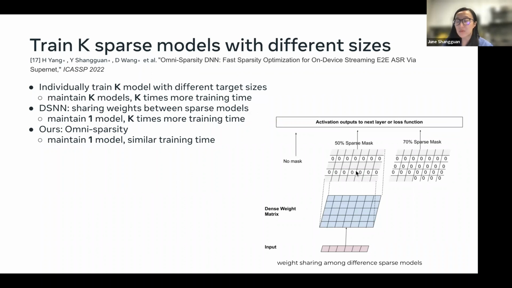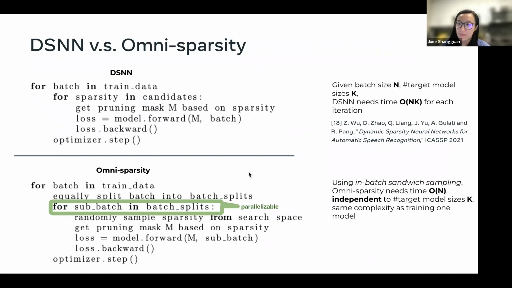However, during training, they actually train each model separately. So you still have K times one training time. In this work that Haichuan, Diling, and I did, we train one model and use exactly one model's training time to produce all kinds of sizes. And let's look at how it's done.